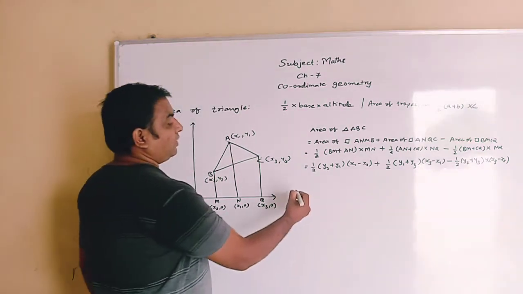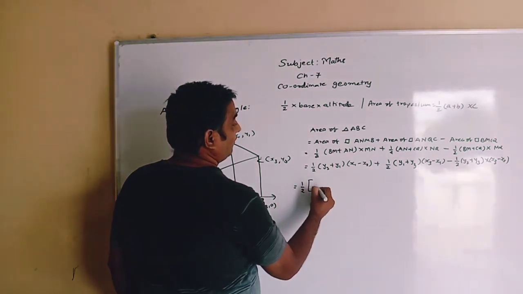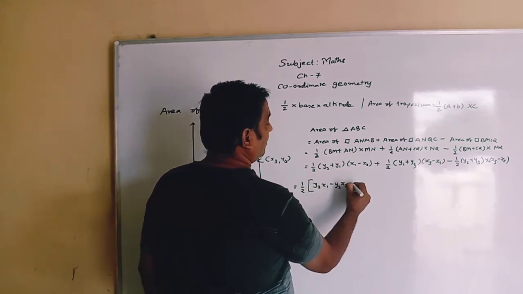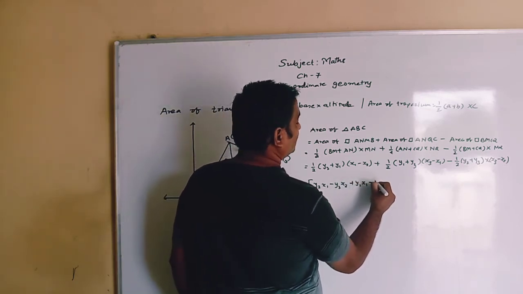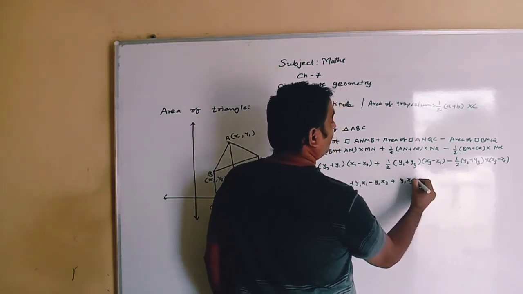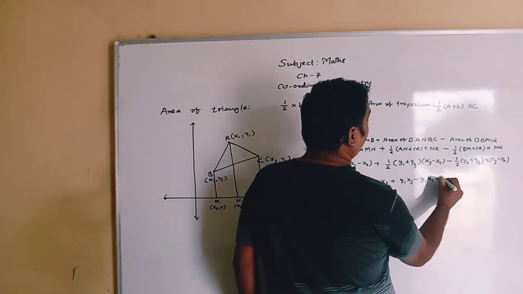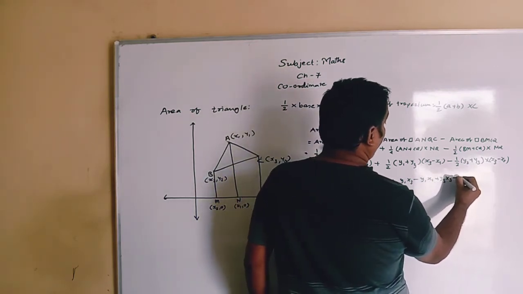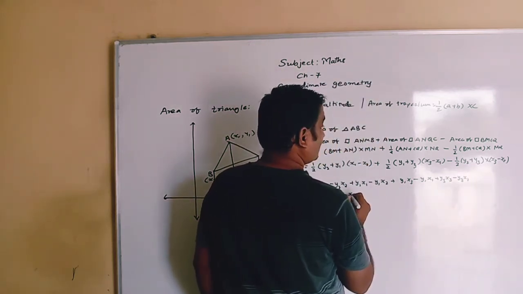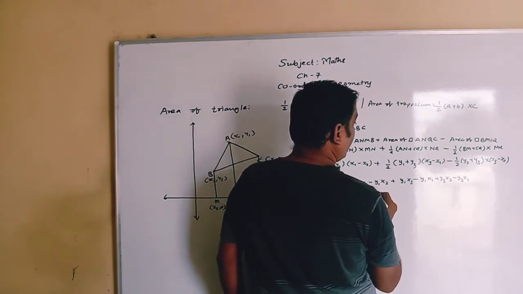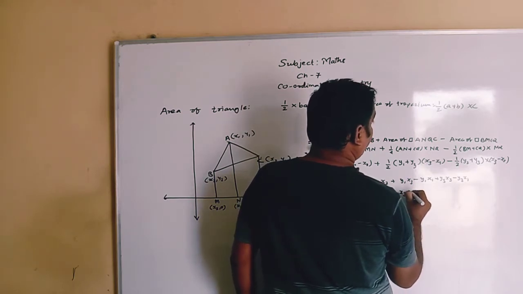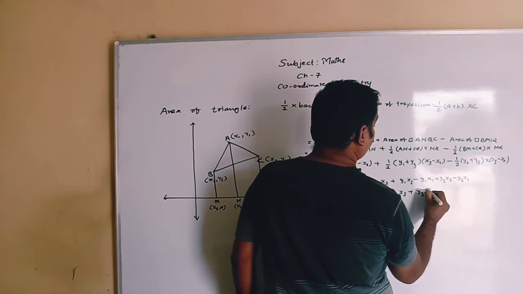Now we take out 1 by 2 common and simplify the bracket: y2 x1 minus y2 x2 plus y1 x1 minus y1 x2 plus y1 x3 minus y1 x1 plus y3 x3 minus y3 x1 minus y2 x3 plus y2 x2 minus y3 x3 plus y3 x2.